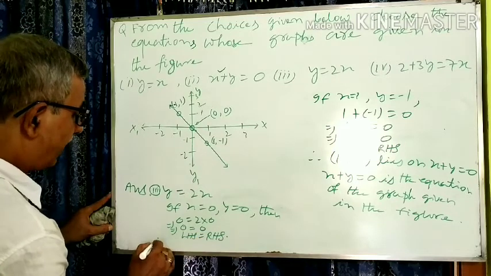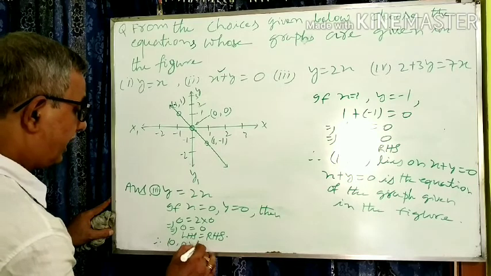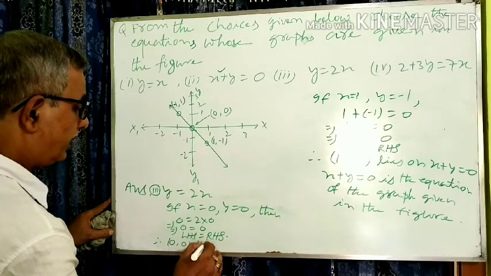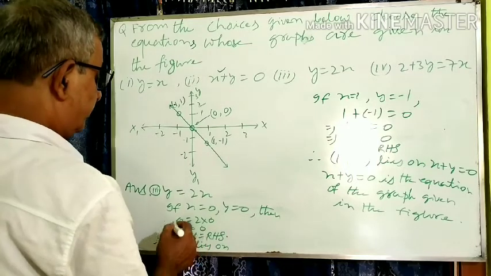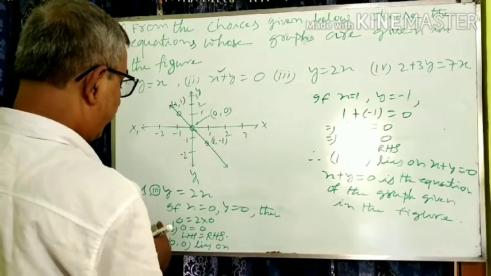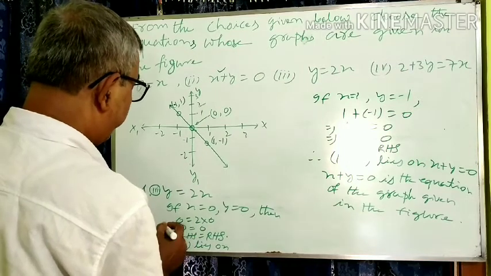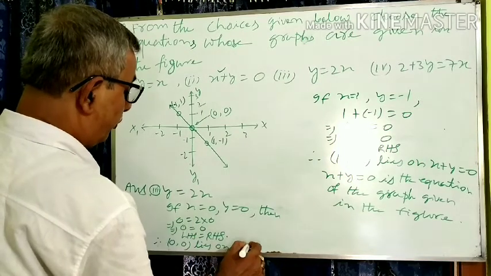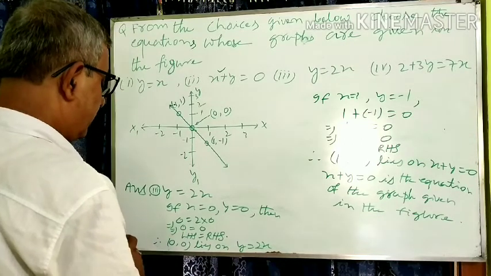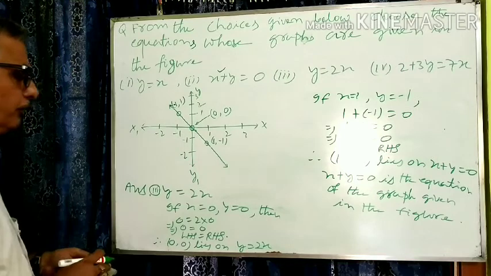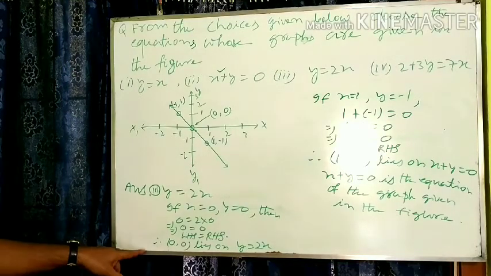That means what? 0, 0 lies on y is equal to 2x, or 0, 0 falls on y is equal to 2x also, that you can write. Okay, should I rub?